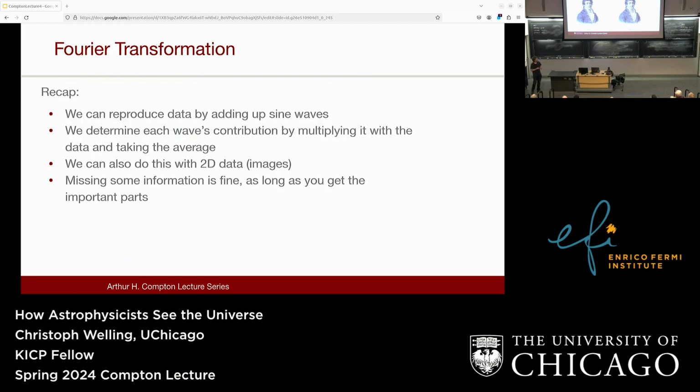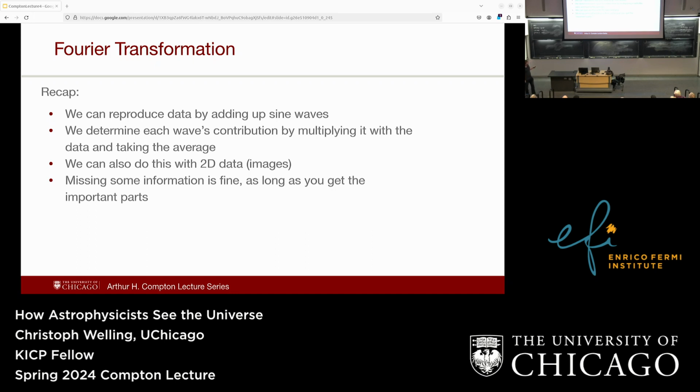So let's recap this whole thing. The important points are, if I have some data, I can always reproduce this data by just adding up a bunch of sine waves. And instead of just storing the data itself, I can also just store which of these sine waves I have to add up.